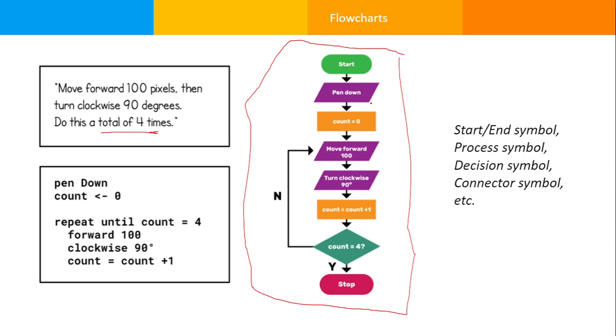Please, with the flowchart, are you to bring the yes and then the no symbols? Yes. Whenever you have a decision, you know this symbol here that looks like a kite, it's a decision box.